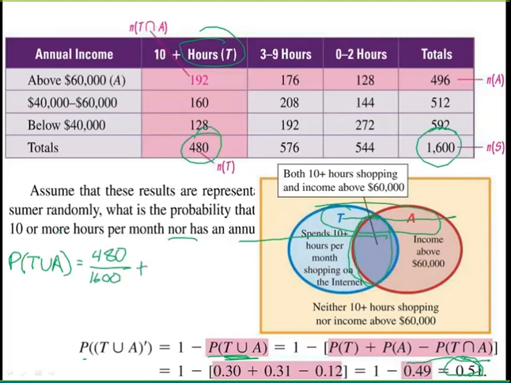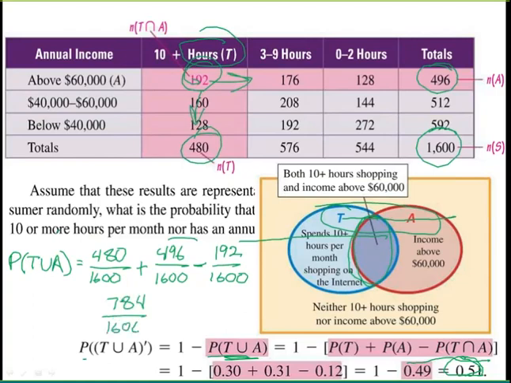And then we need to add it to the 496 over the 1600. And then we got to subtract this overlap that basically we counted here, and we again counted it that way. So we got to subtract the 192 out of the 1600. Okay, so if I do that, I'll just take the 480, add the 496, and then subtract the 192. That gives me 784 out of 1600.